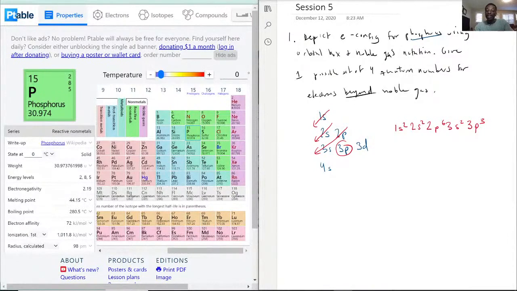Now if you wanted to get the noble gas notation, what you would do is this prior part, if you notice, that actually accounts for neon. So you'd replace that with this type of notation here, allowing you just to write what comes after. And this is your noble gas notation.